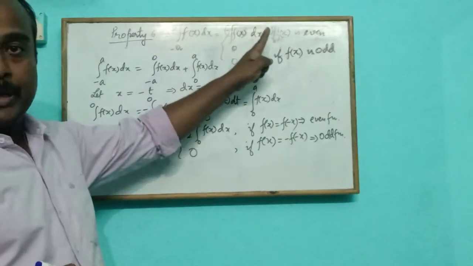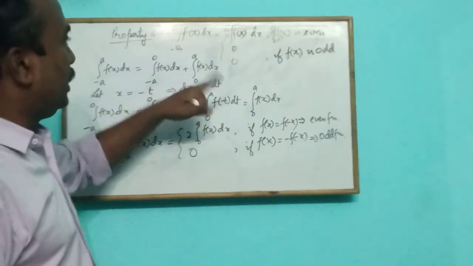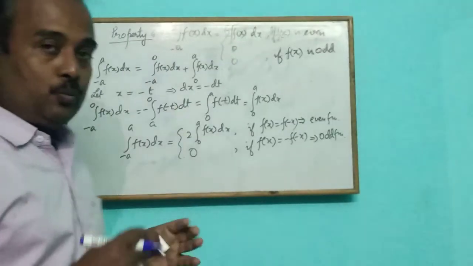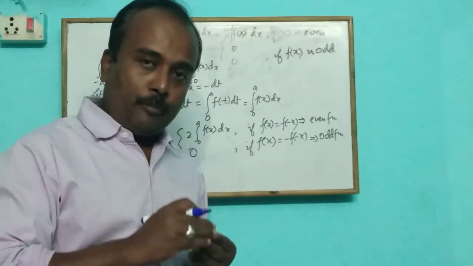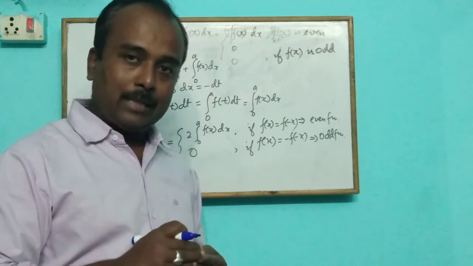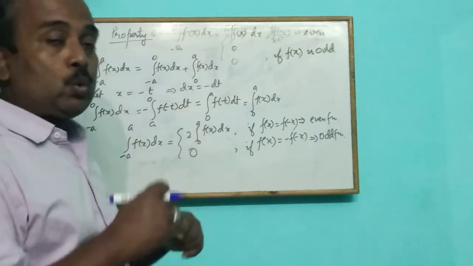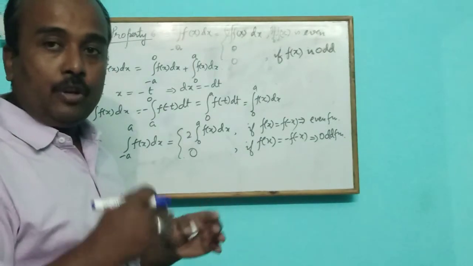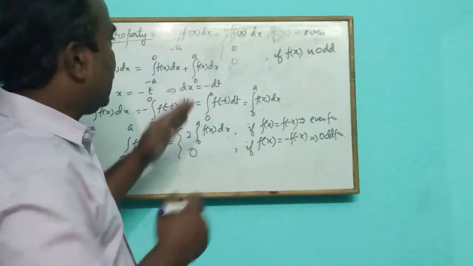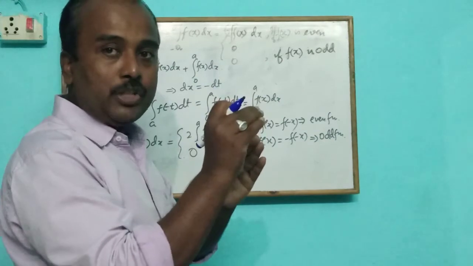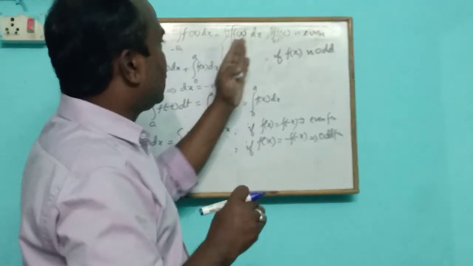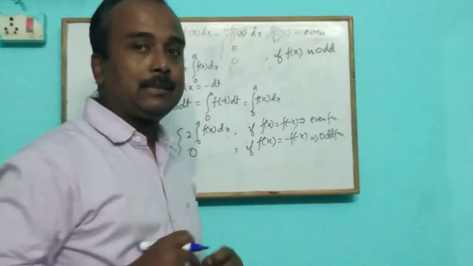This is a very important property we quite often use in our problems. That is integration of f(x) from minus a to a is equal to twice the integration of 0 to a. Means in between minus a and a we have the number 0. So twice integral 0 to a of f(x) dx if the function is even.